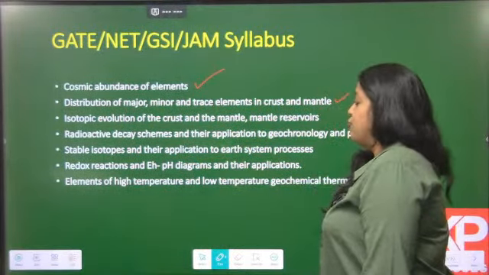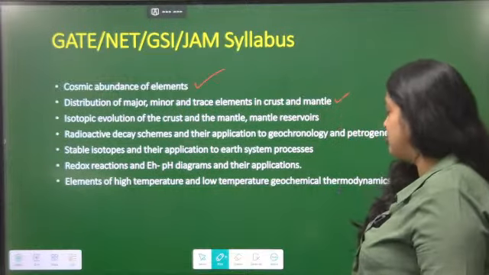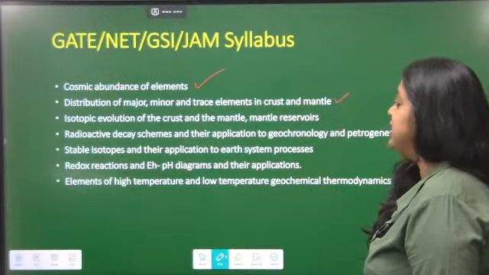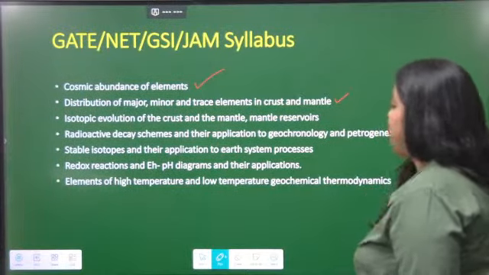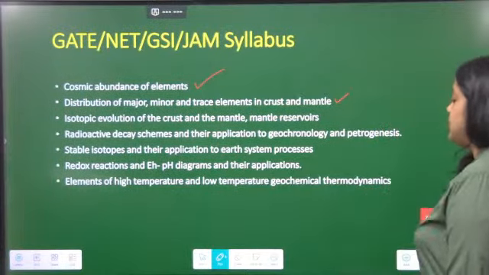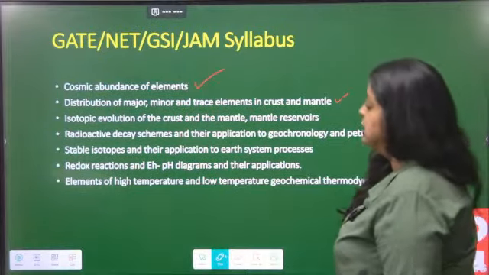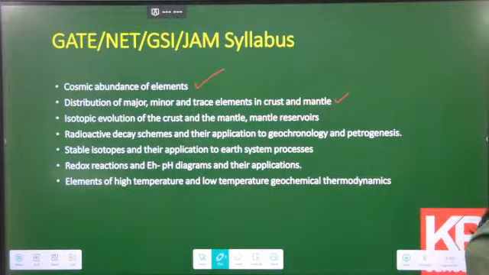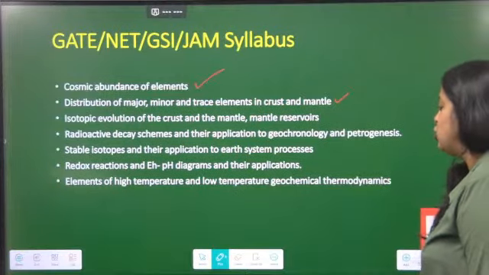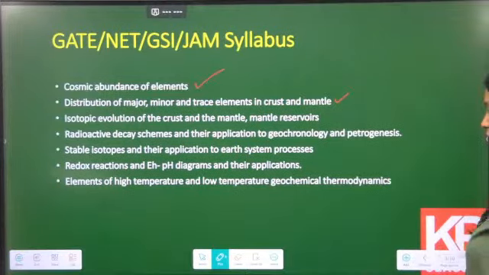Isotopic evolution of crust and mantle reservoirs. Radioactive decay schemes and their application to geochronology and petrogenesis. Stable isotopes and their application to Earth system processes. Redox reactions and EH-pH diagrams and their applications. Elements of high temperature and low temperature geochemical thermodynamics.